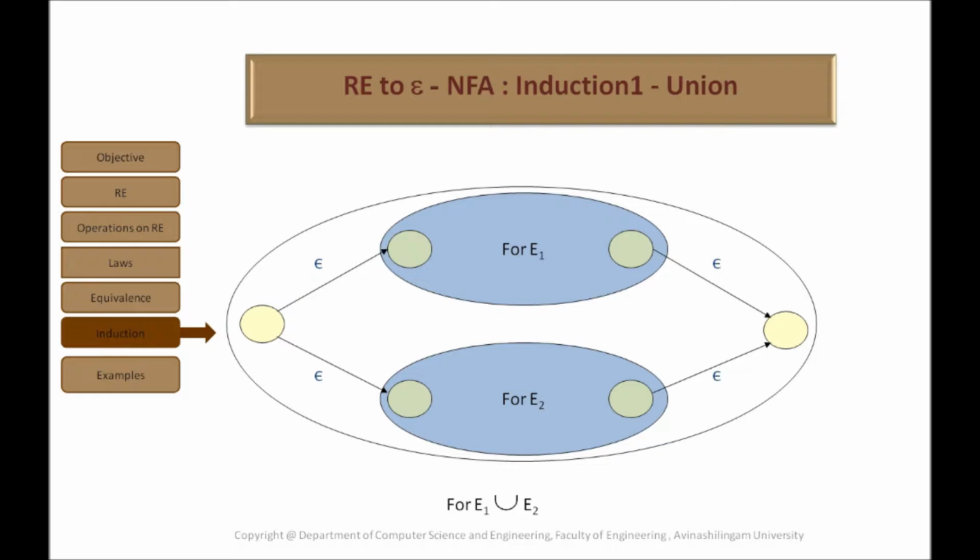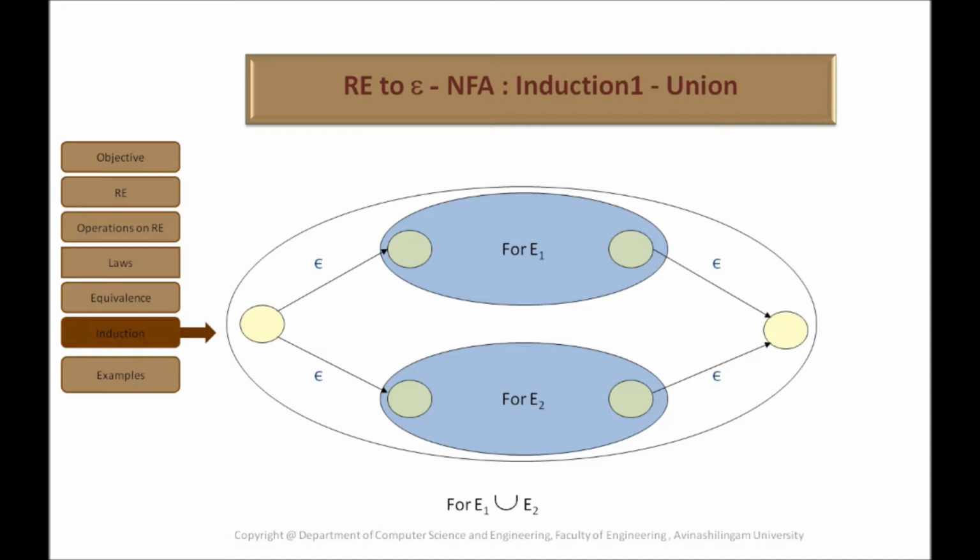Then E1 union E2 is represented in this diagrammatic way. This shows that it goes through E1 or it goes through E2. For example, if you have the regular expression A plus B, then it goes through A or it goes through B, and finally reaches the final state by going through the state A or by going through the state B.